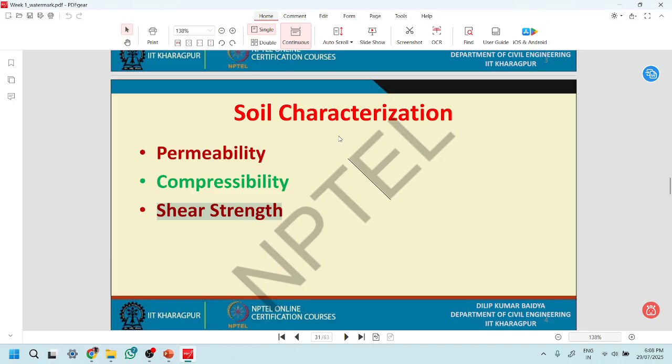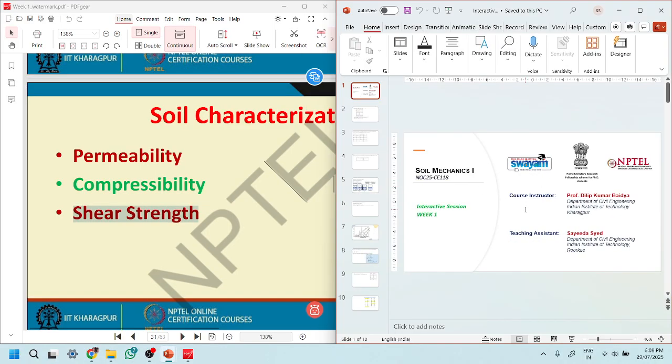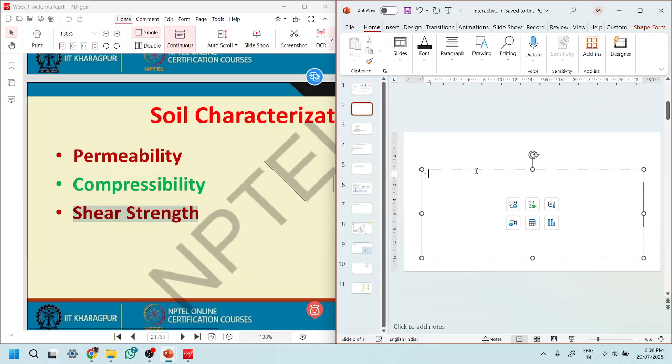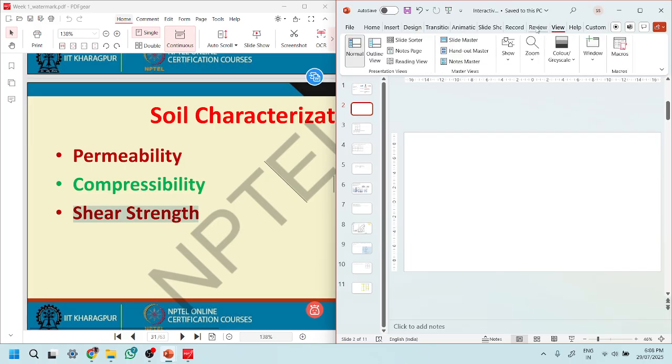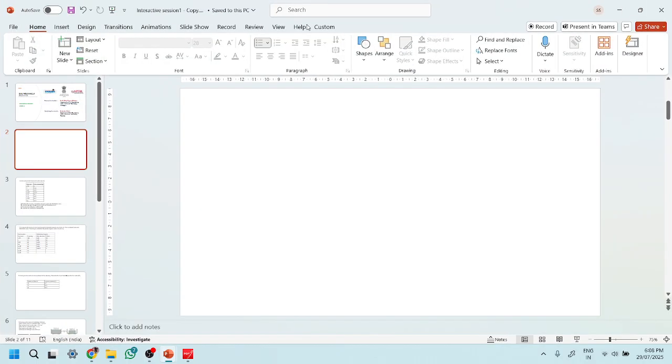So what we will do is we will split the screen so that we have a working interface here. Okay. Yeah.